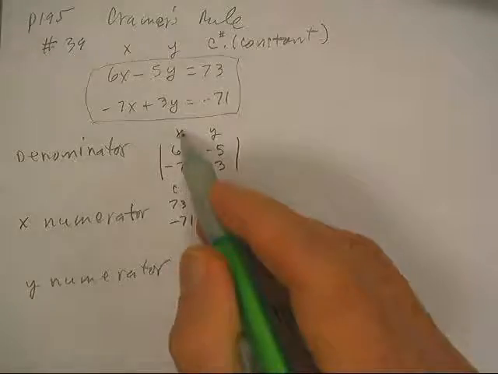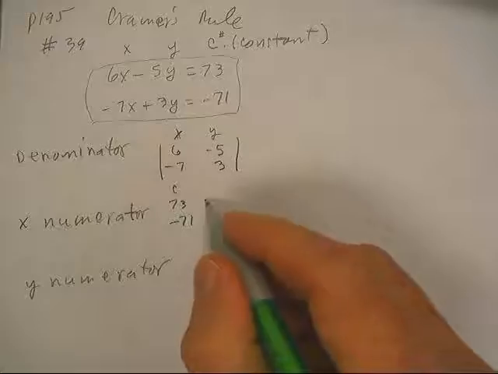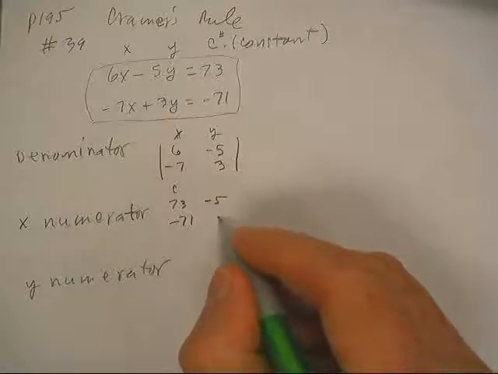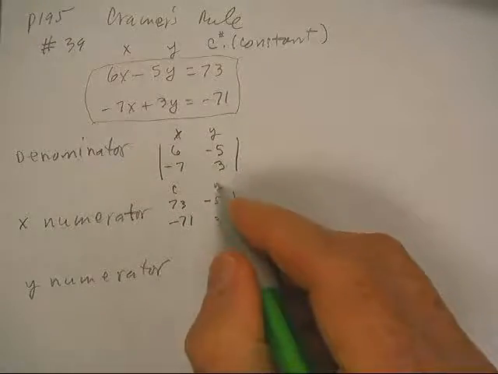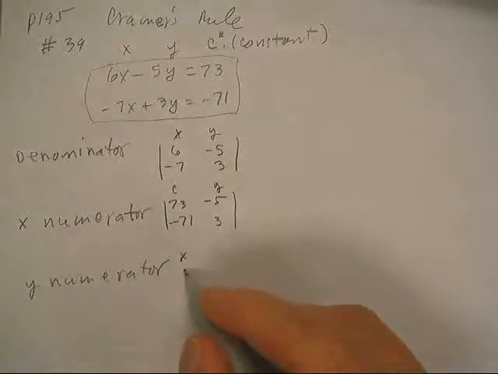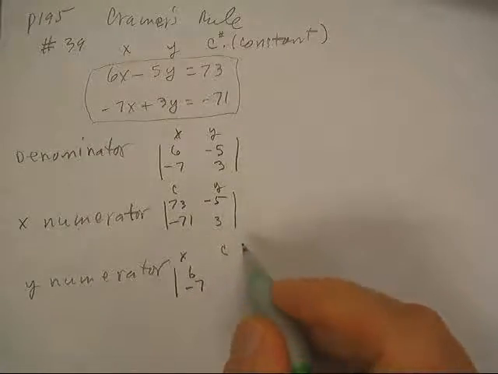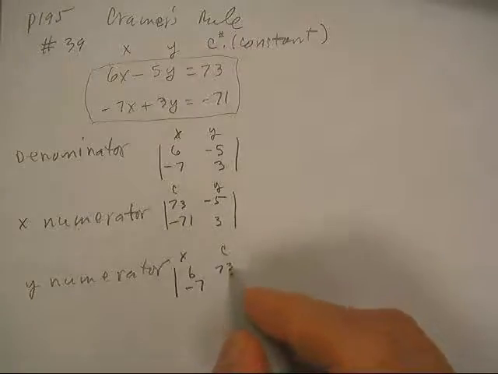the X column with the constants, these two, and he left Y alone. And then the last time he left X alone, and he replaced the Y's with the constants.